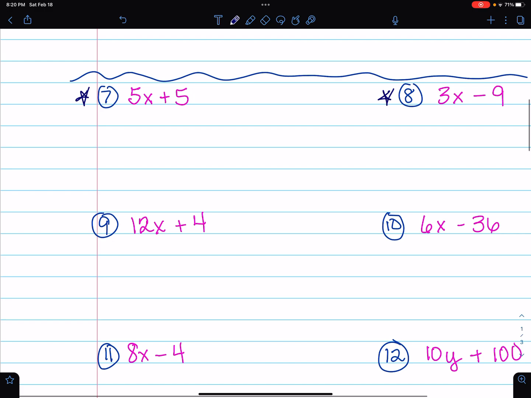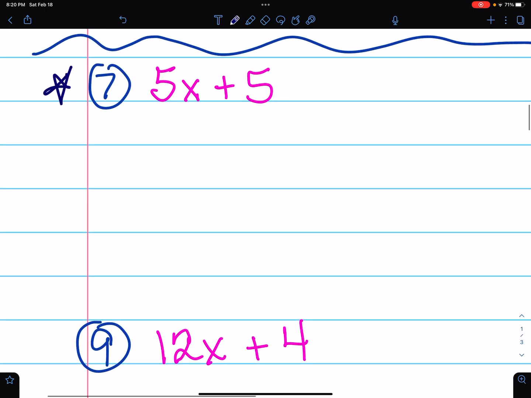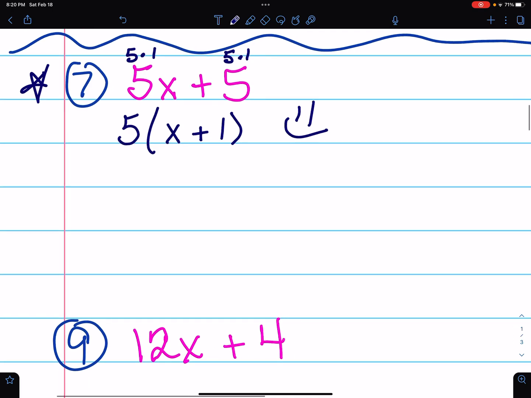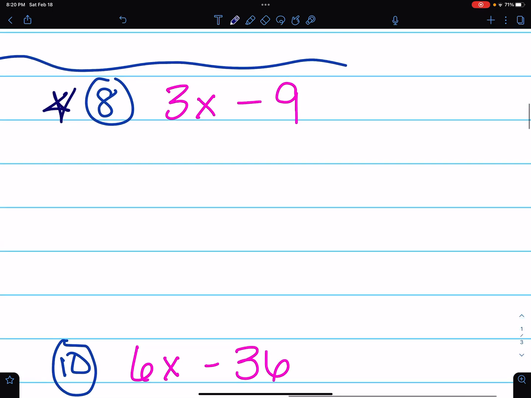Okay, we're going to look at number 7. Let's see if you got it right. Hey, I noticed they both have a 5 in common. 5 times 1, 5 times 1. So all I have left is 1x and 1. Did you get it? Pat yourself on the back. Good job. Let's go to the one that's a little bit more complicated.